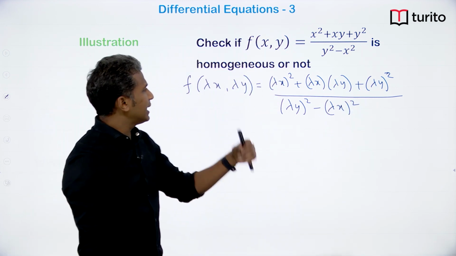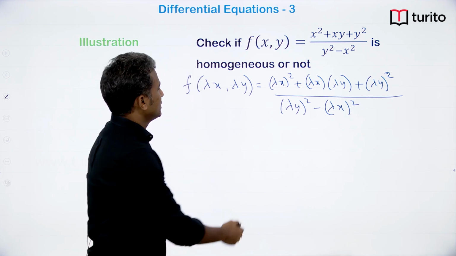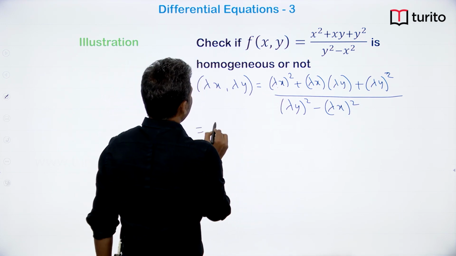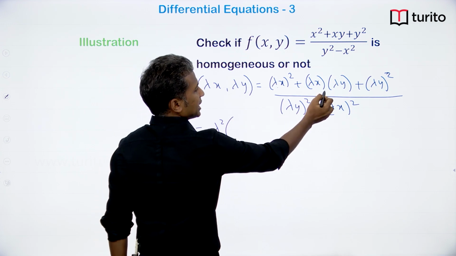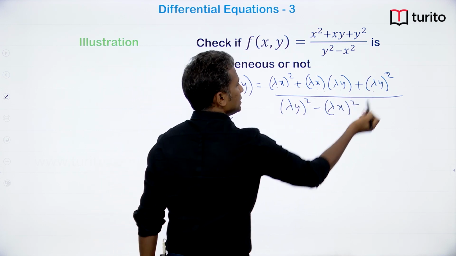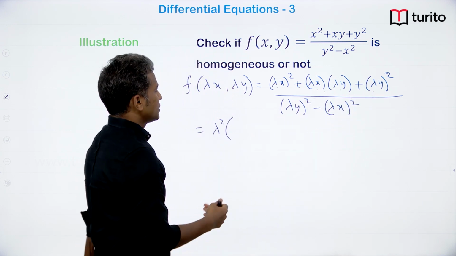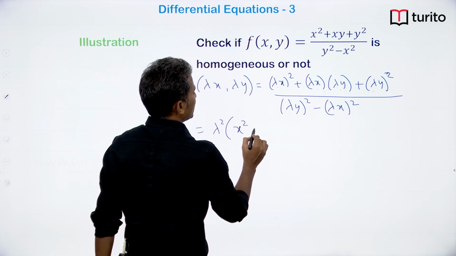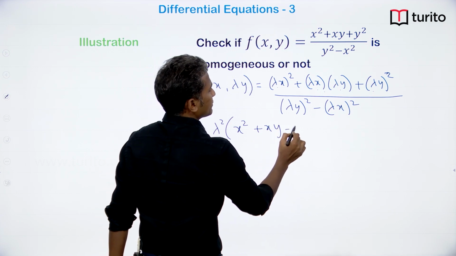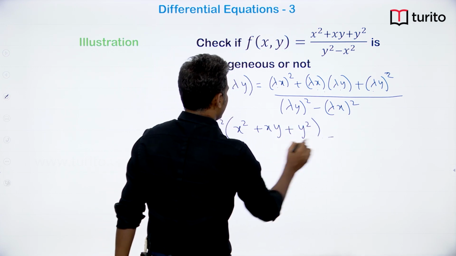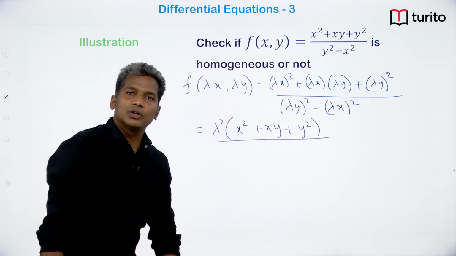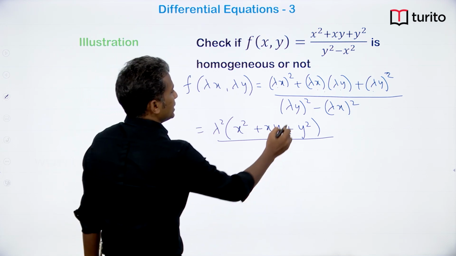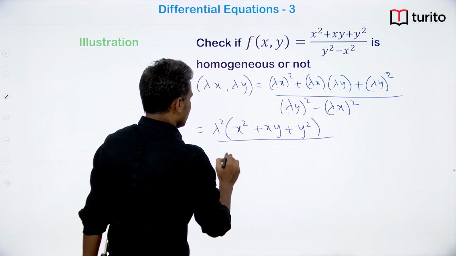So, see if you can get any lambdas common. From the first term I can take lambda square common, from the second also 2 lambdas are there, in the third also there are 2 lambdas. So, lambda square is taken common. What do we get in the numerator? We get x square plus xy plus y square divided by, what about the denominator? Here there is lambda square, here also there is lambda square.